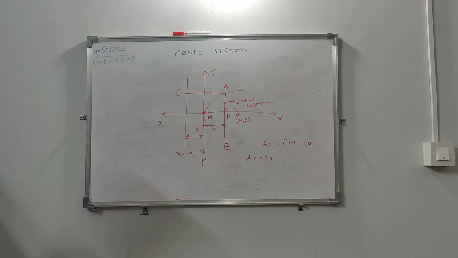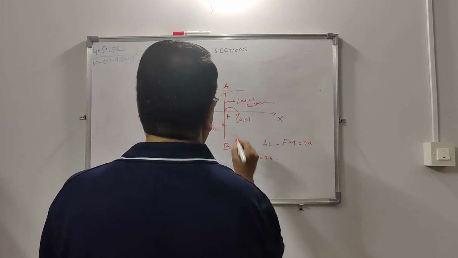Hence AC is equal to 2a, FM is equal to 2a. Then AF is also equal to 2a, because that is another point.